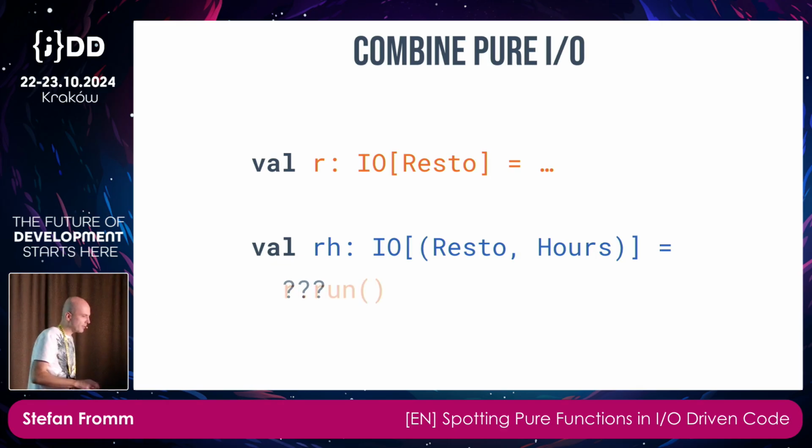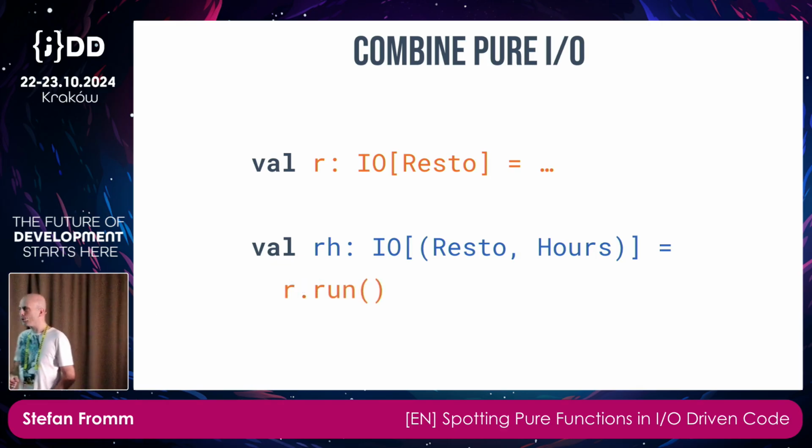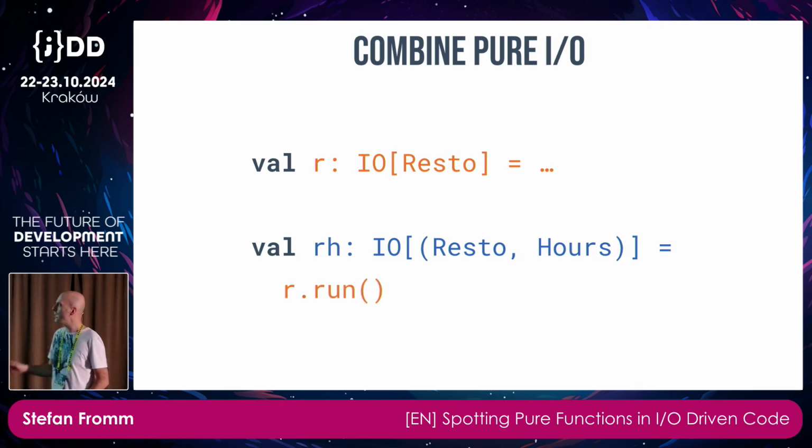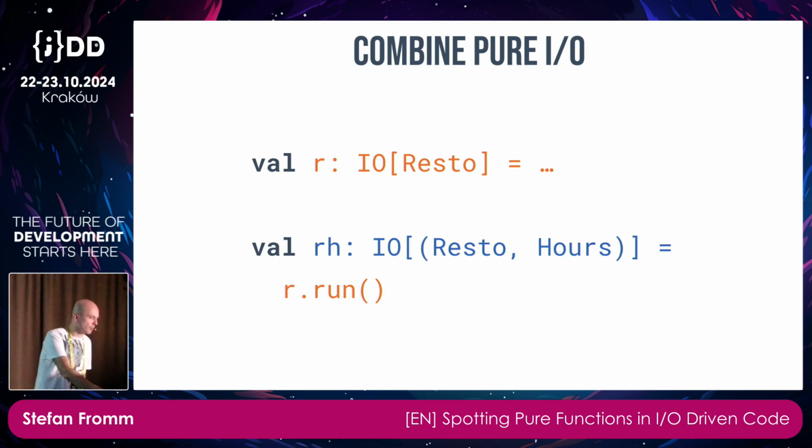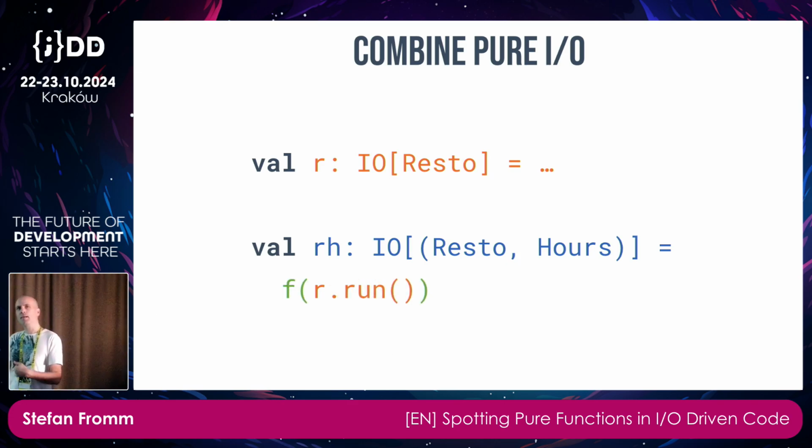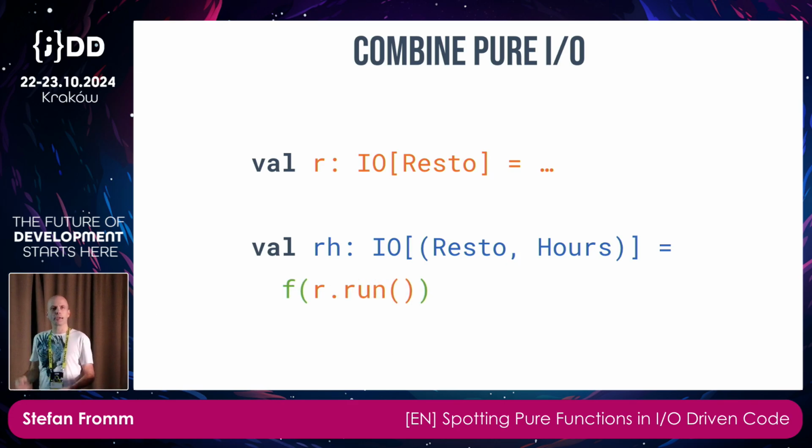So what I first have to do, I have to run the first one. Of course I have to run it, otherwise there's no way to get hold of the value. After that, having this value, I can apply my logic on it. My piece of code doing something with the restaurant, using it for loading opening hours, for example.